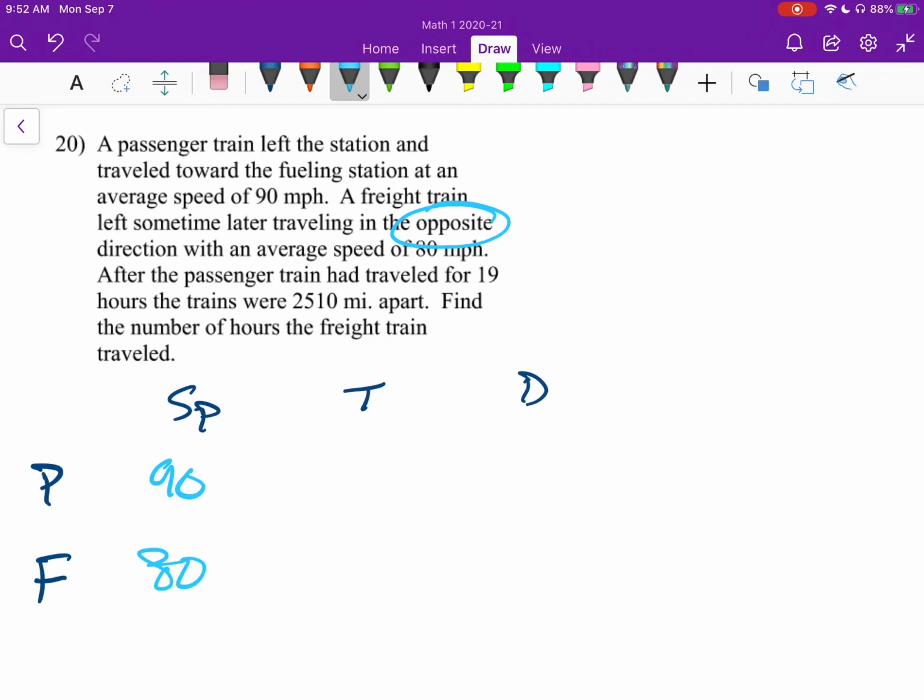After the passenger train had traveled for 19 hours, they were 10 miles apart. Find the number of hours the freight train traveled. So here's our x, time for the freight train. So 19 times 90 is 1710, and then the other one is 80x.